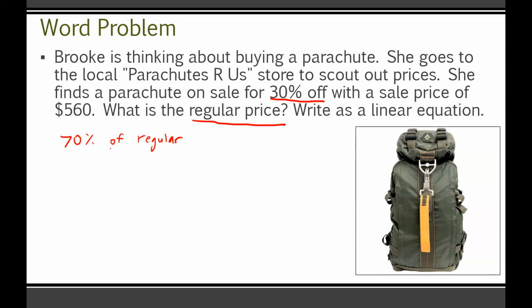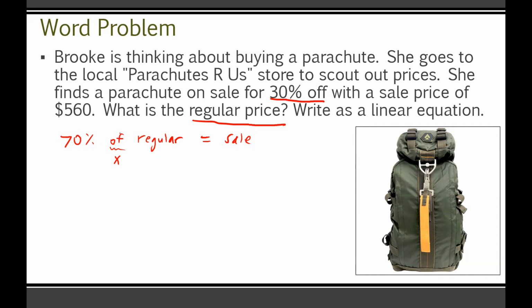price. Now, the reason this is so important, the word of, is because in math, generally speaking, the word of is going to mean times. So 70% times the regular price equals the sale price. Okay, this is already like a skeleton for our linear equation here. Let's see how this could work. 70%, well, we can't really write that in an equation itself.